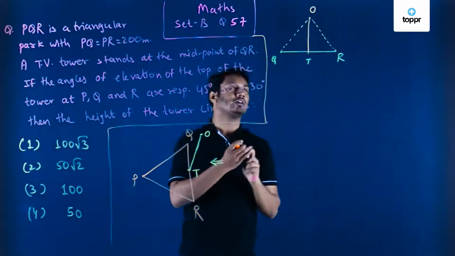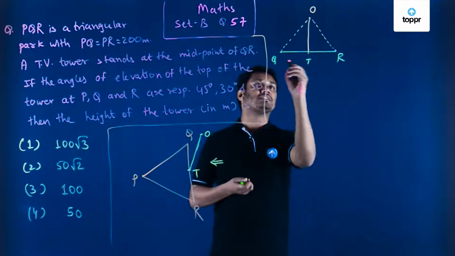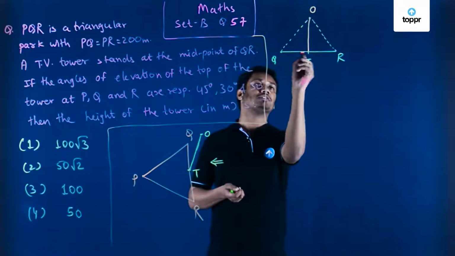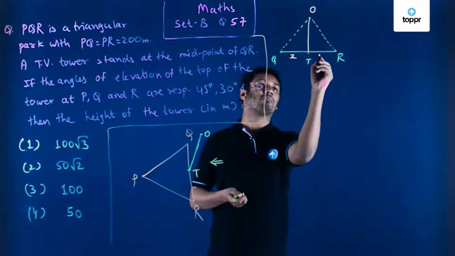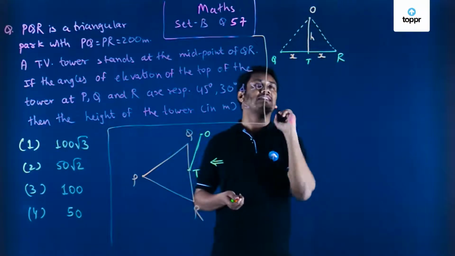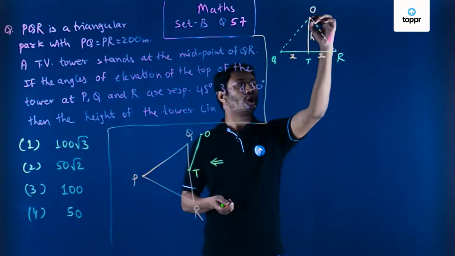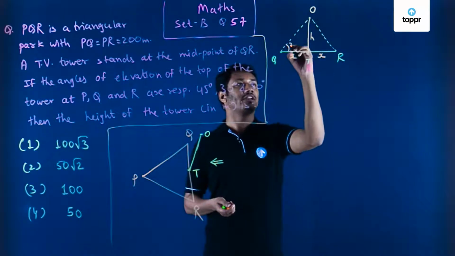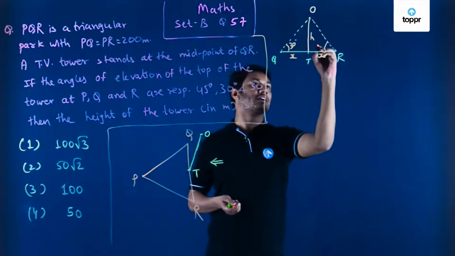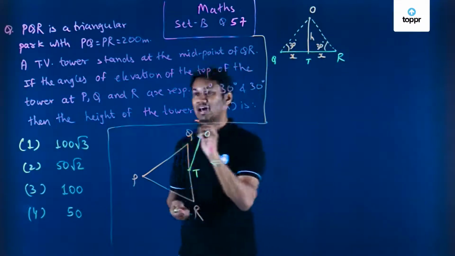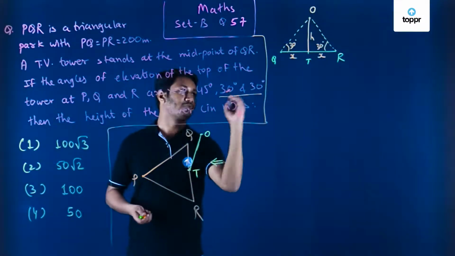Now you can see that because T is the midpoint of QR, these two will be exactly same. Let me call them X. And the height of the tower is H, something I want to find out. Now the top of the tower is making an angle of 30 degree with point Q and 30 degree again with point R as per the given information right here.